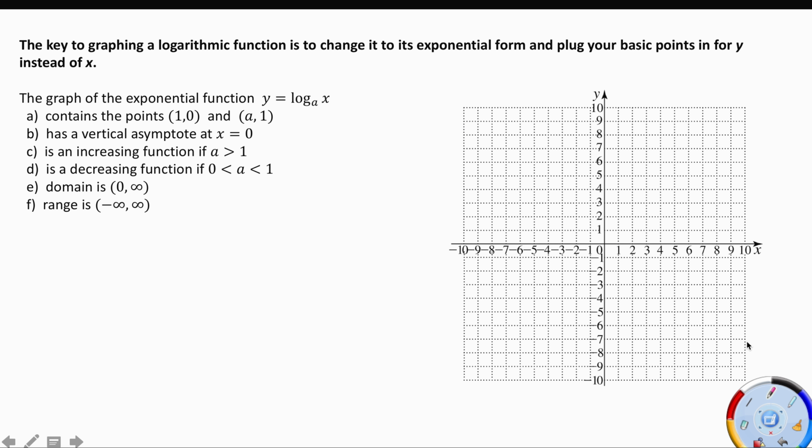All right, let's say we wanted to graph y equals log with base 1/3 of x.